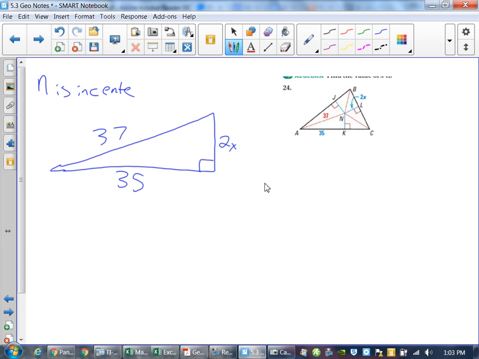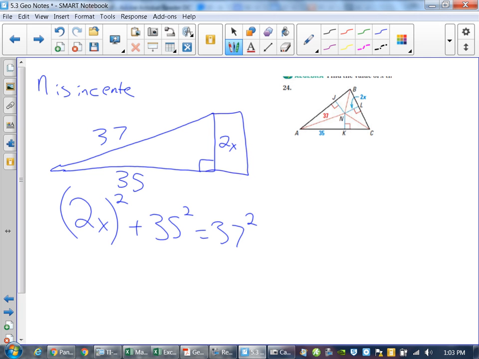Here's what you have to be careful with. It's still this squared. When you square this side, the side length is 2x, which means it's quantity 2x squared. That's what you guys are going to screw up.